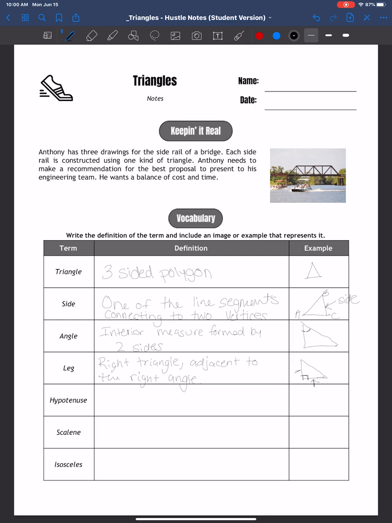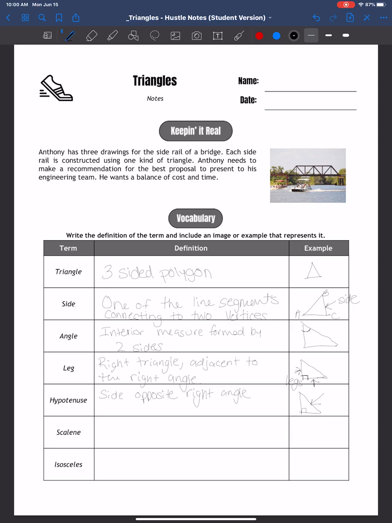This and this are your two legs. Your hypotenuse is also in a right triangle, and it's the side opposite the right angle. So that would be this side right here, it's opposite.